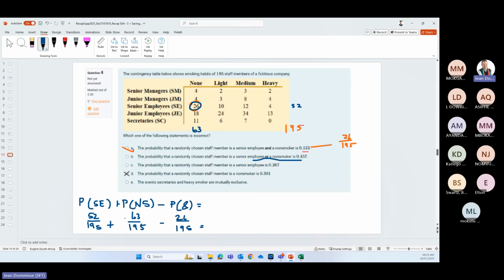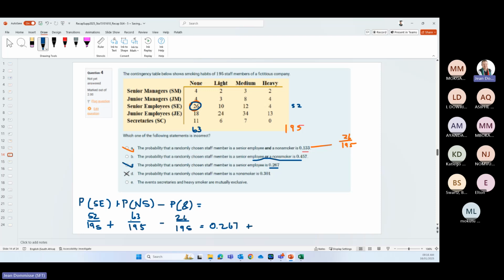So 52 divided by 195 is 0.267. Okay, so this is interesting. They already ask us in option C, what's the probability that a randomly chosen staff member is a senior employee? So we're actually doing that already.